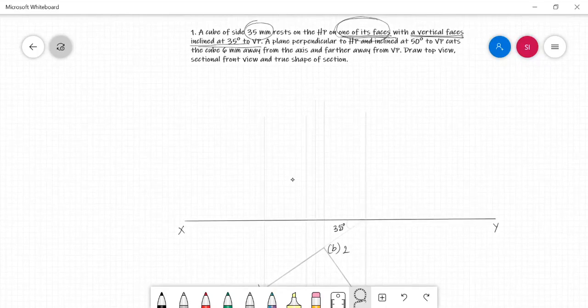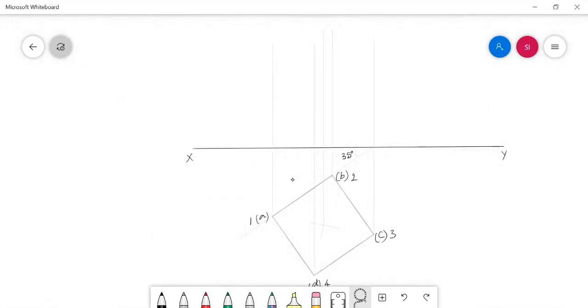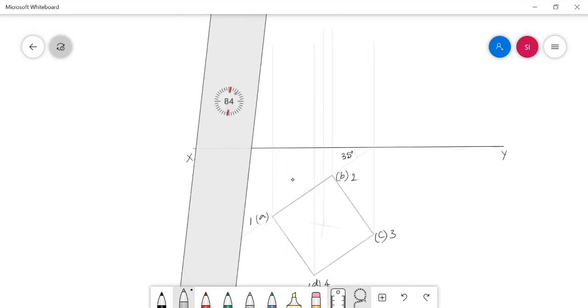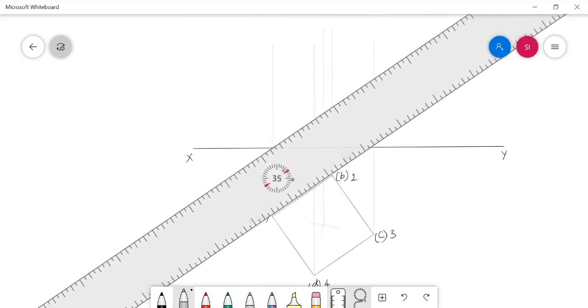The base height of the solid is 35 mm. That is nothing but the axis height of the solid also, in the case of a cube. So the same distance I am maintaining there.